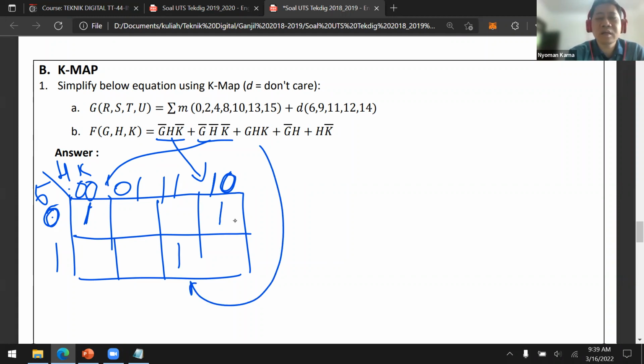Okay, and then G naught, H. G naught is this, and H is this and this.